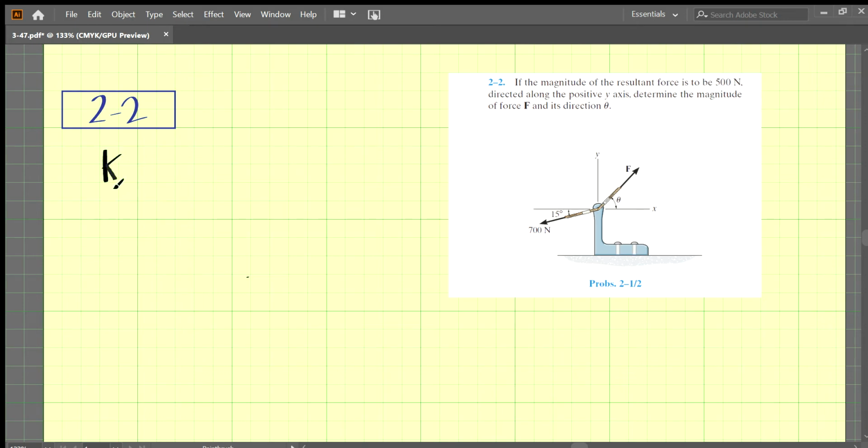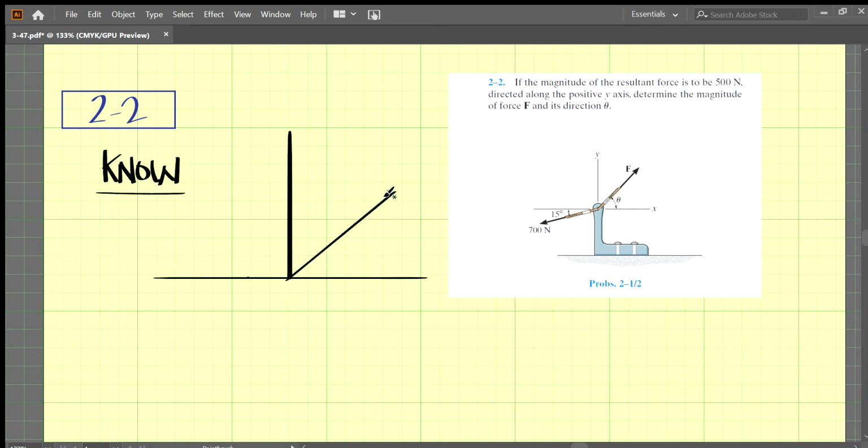Okay, so let's write down what we know here. I'm just going to draw a quick free body diagram. All right, so we have F pointed this direction at an angle of theta, and then we have 700 newtons, which is roughly in that direction here, and that is 15 degrees.